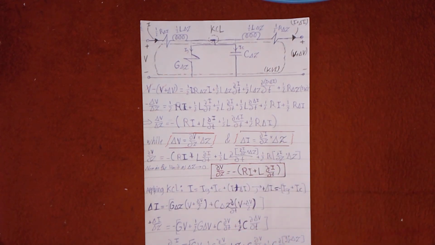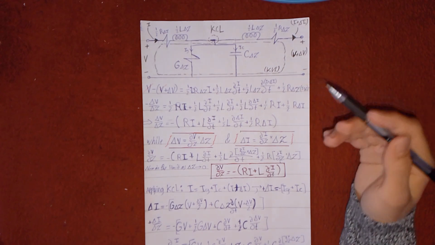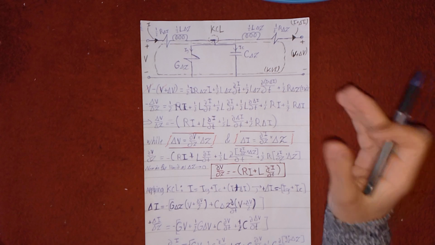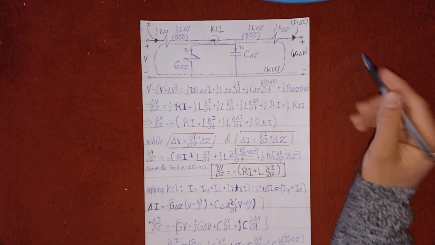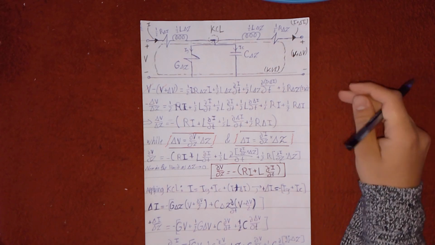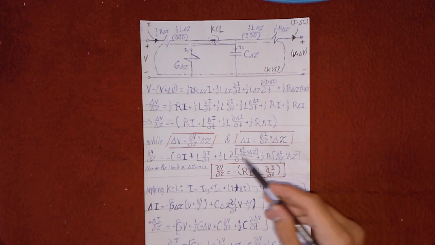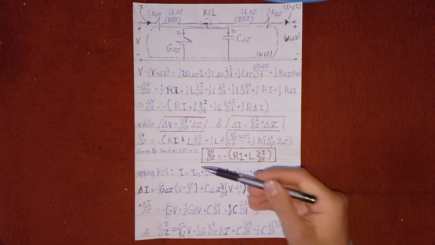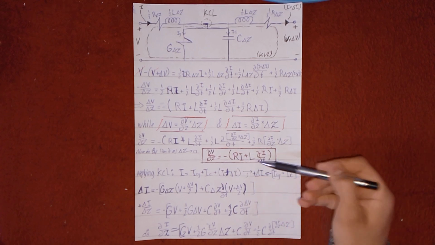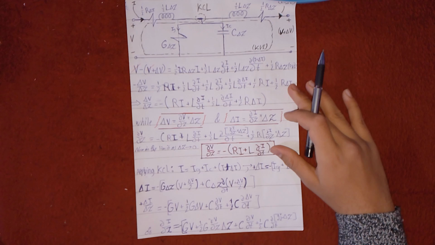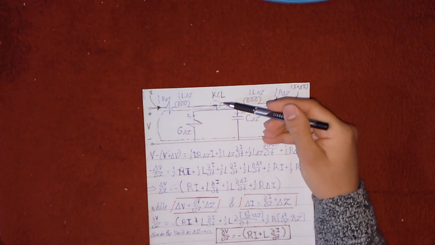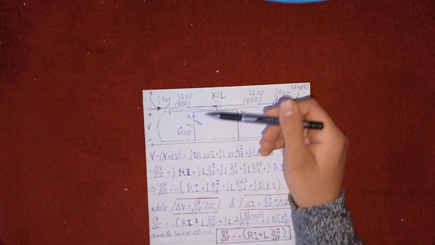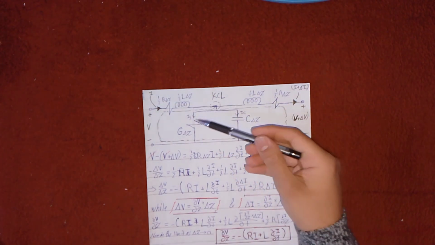Now, by taking the limit as delta Z approaches zero, because again we want a very tiny segment of the transmission line, this term will cancel and the equation becomes this: partial V partial Z equals negative Ri minus L partial I partial T.